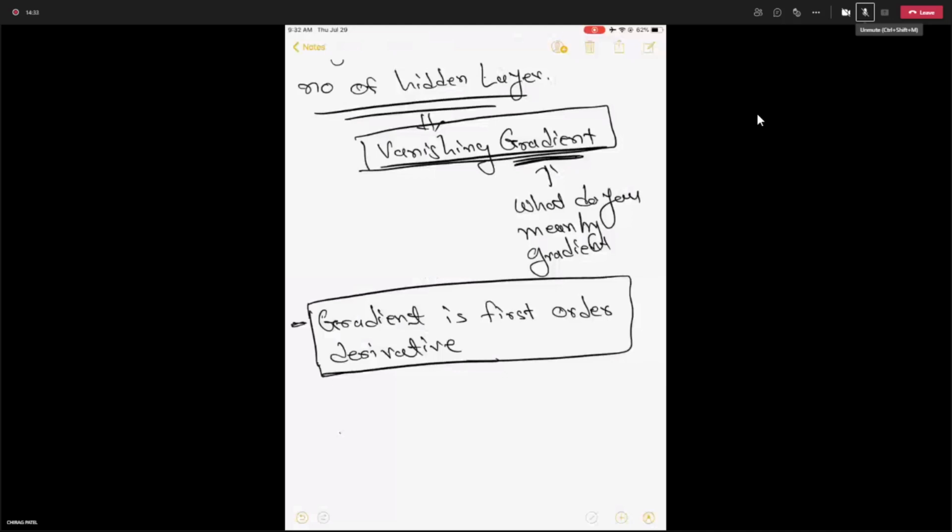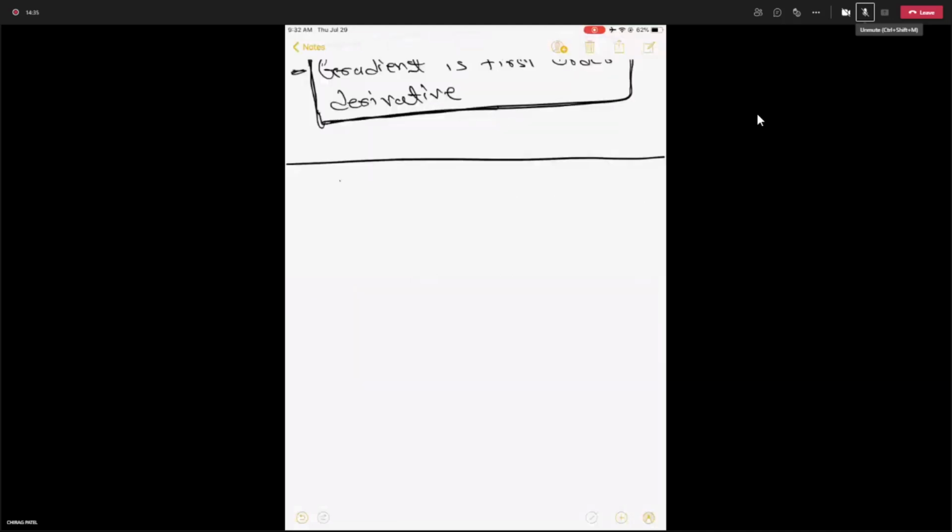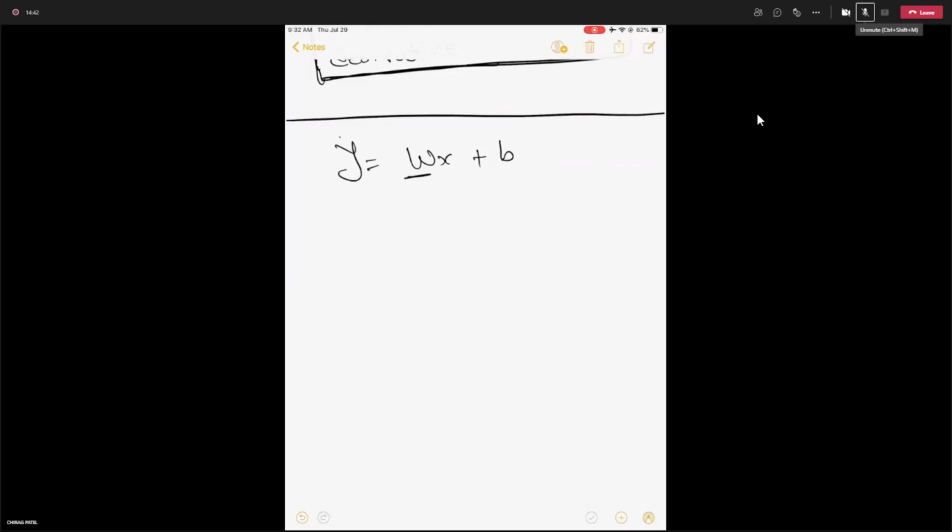So where exactly is it going to have an impact? Consider our simple case, y equals wx plus b, where we have w and b.